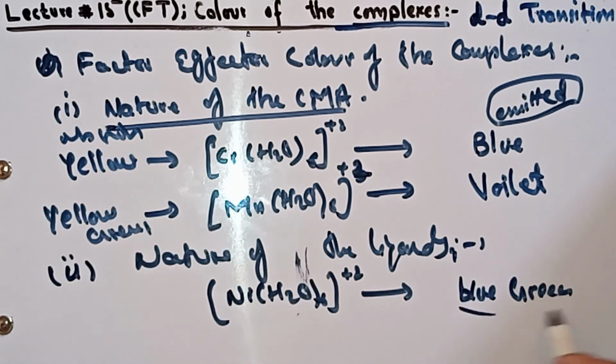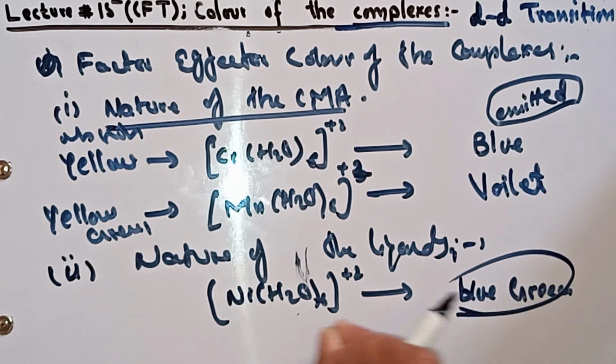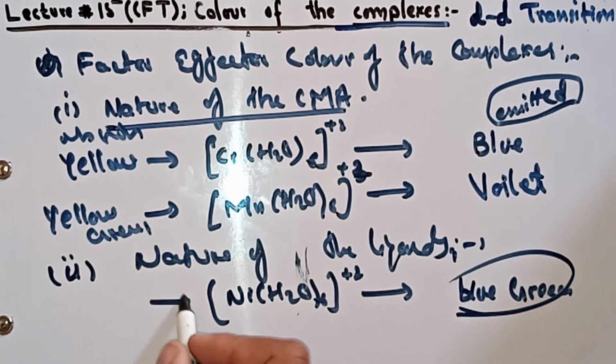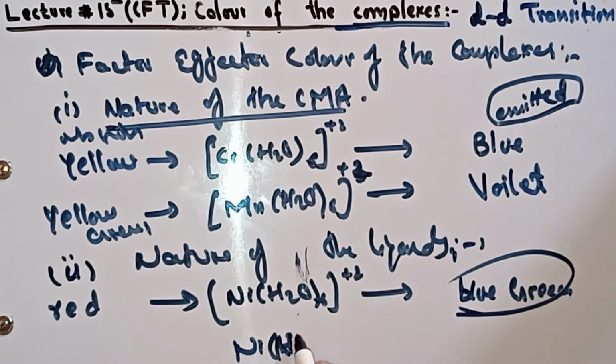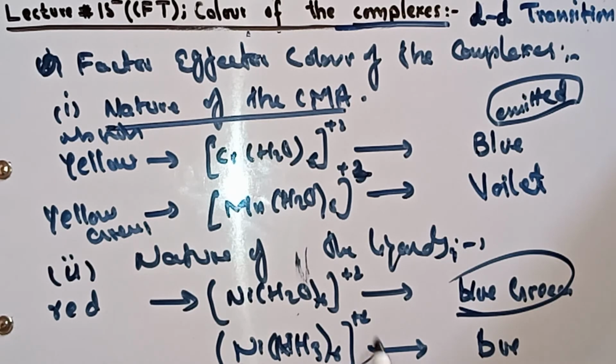Blue green is the color of the complex, so this complex should absorb red color. The complementary color of blue green is red. While in case of Ni NH3 6, hexaammine plus 2 ion, where NH3 is a stronger ligand than H2O, this complex will have blue color, and the complementary color of blue is yellow.